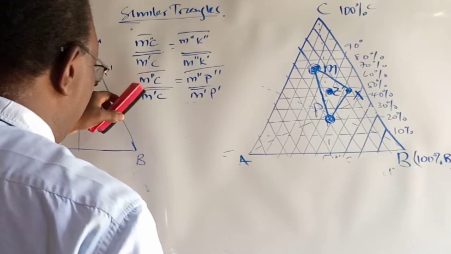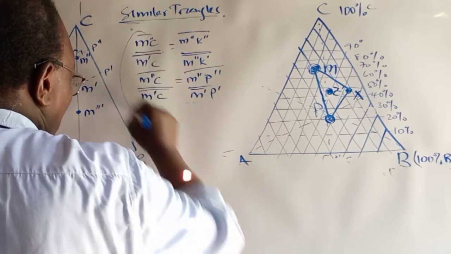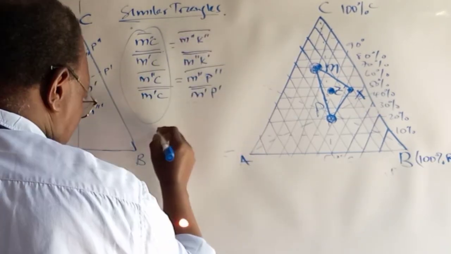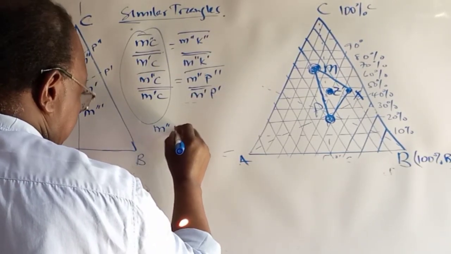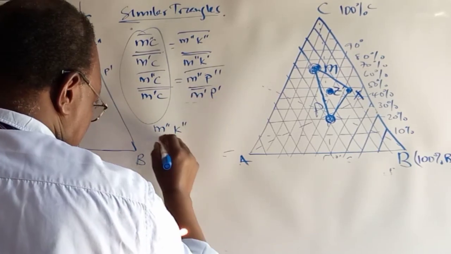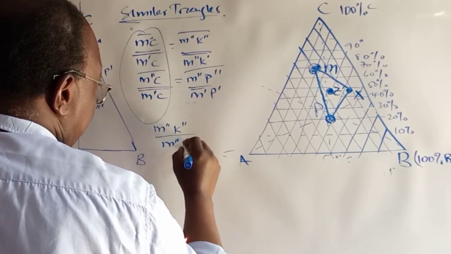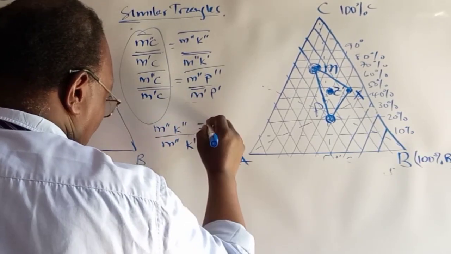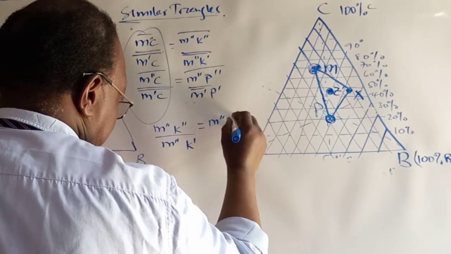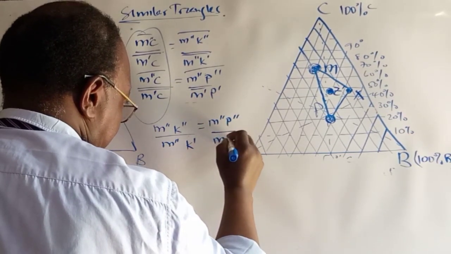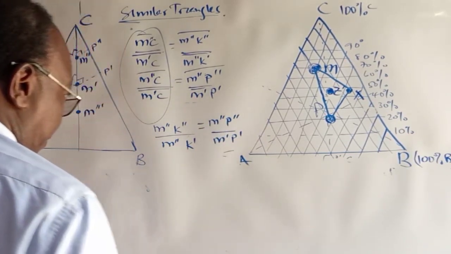And so we are seeing both are equal. Therefore, M double prime K double prime over M prime K prime is equal to M double prime P double prime over M prime P prime.